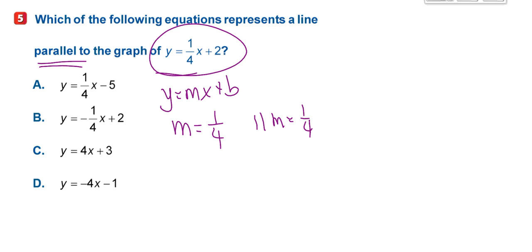So when we look at these, we're looking for something that has the exact same 1/4 there. And so this one has 1/4, but we'll just keep checking to make sure. Nope, that's -1/4, that's 4. That is not the right one. And none of the other ones are correct. So it is letter A for that, the one with the exact same slope.